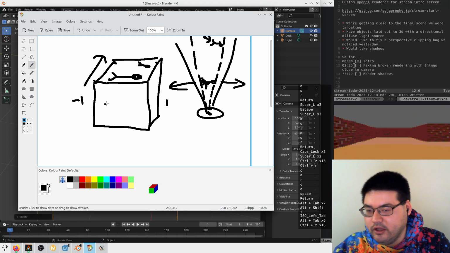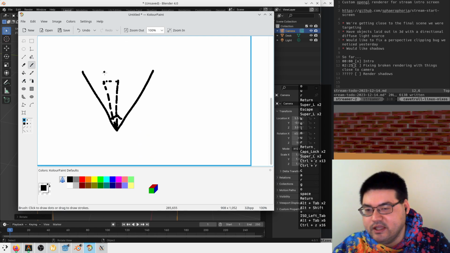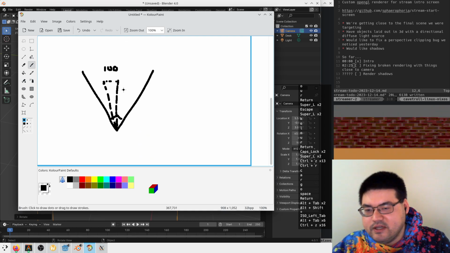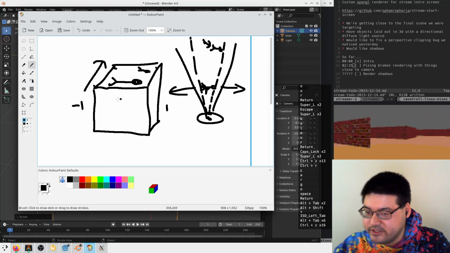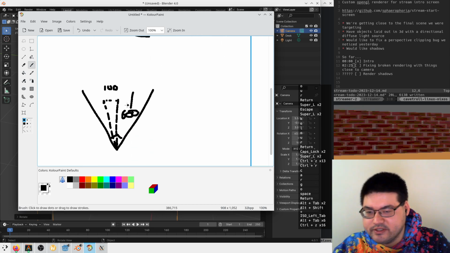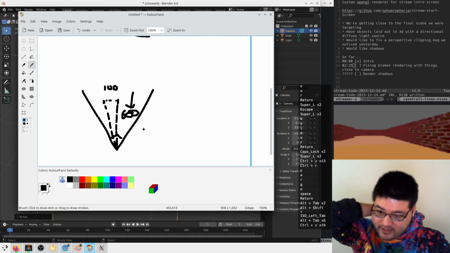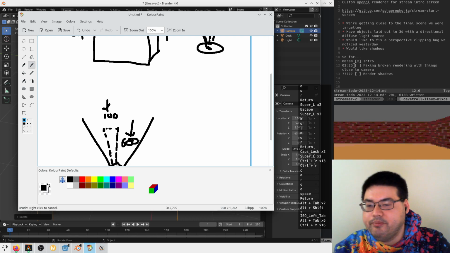All we have to do is figure out, if this guy is 100 to the left and 600 deep, what does that translate to here? We haven't been changing this 600, we've just been leaving that as is, and we've been scaling this 100 based off this angle.